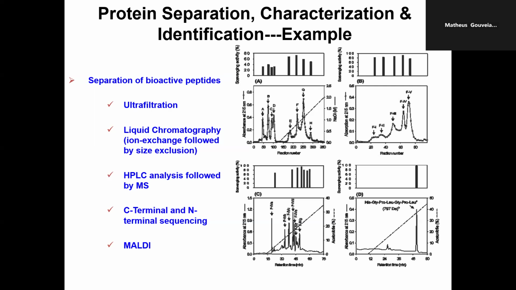It seems like the F fraction here has the highest antioxidant activity. But this fraction might have similar charge, but different peptides with different molecular weight. So you take that fraction that is not pure, then you run it on size exclusion. And you take each fraction and you get the antioxidant activity.